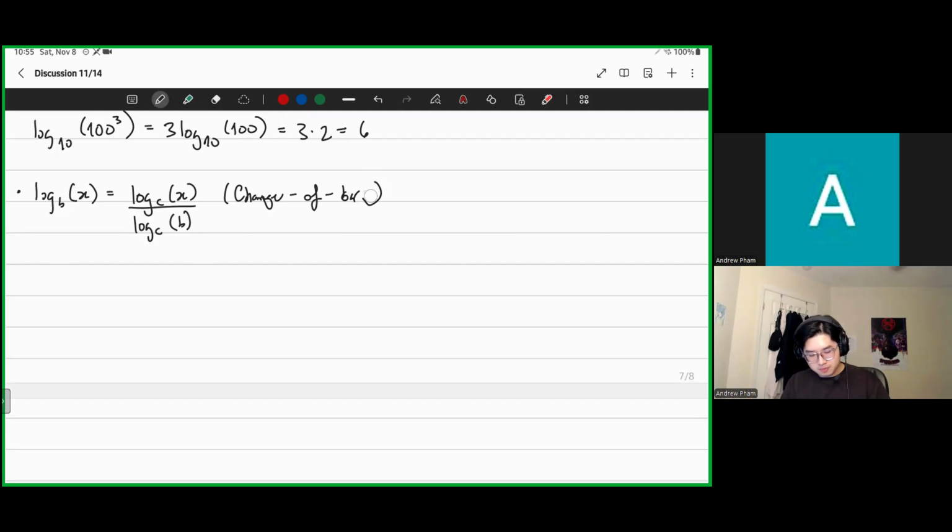And why is this useful? Well, it might not be that useful in terms of the scope of our class since we can't use a calculator. But if you are going forward and taking another math class like 120 or 140, where you might be given a calculator on application problems, a standard calculator, a relatively simple calculator, will only have two base values: either log base e, so ln, or log base 10.